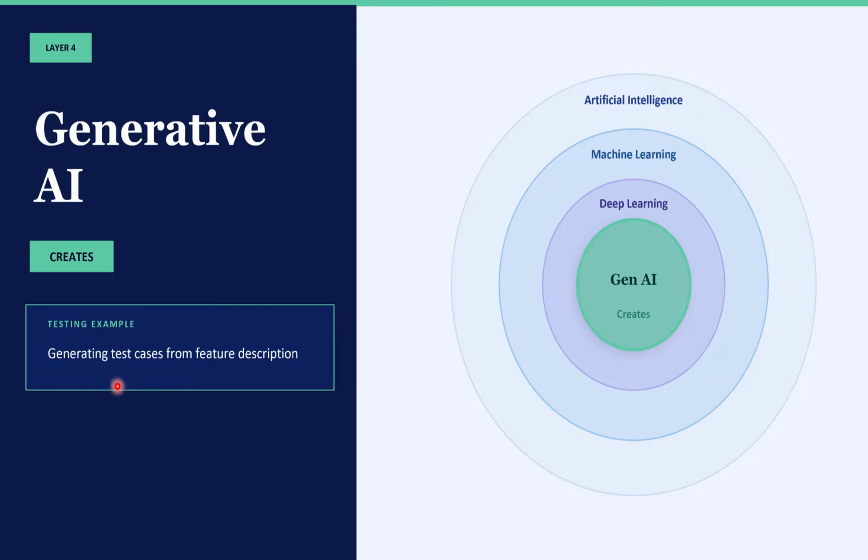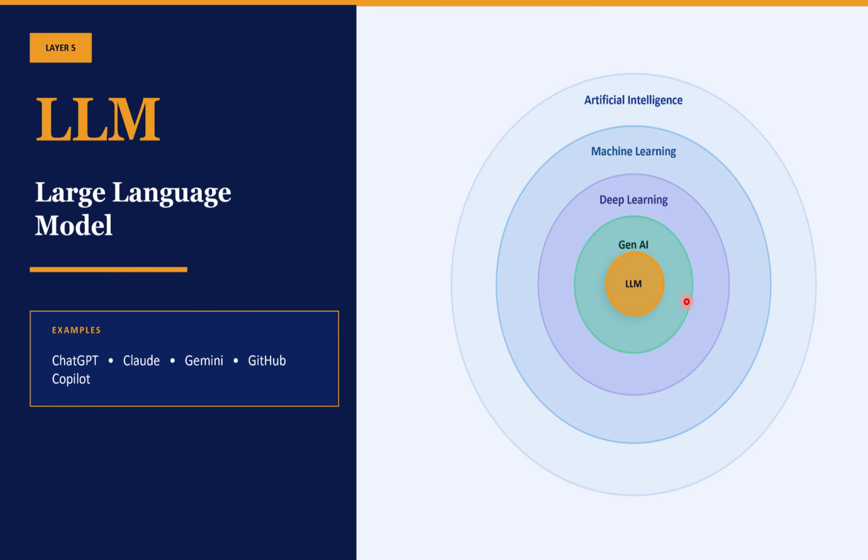Let me give you an example. Imagine you describe a feature like a login page and the system generates a complete test plan with test cases and expected results. This is completely new content. That's generative AI.